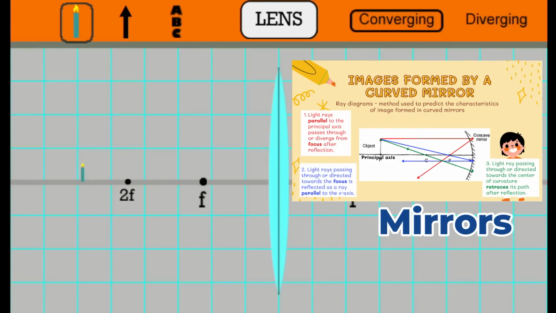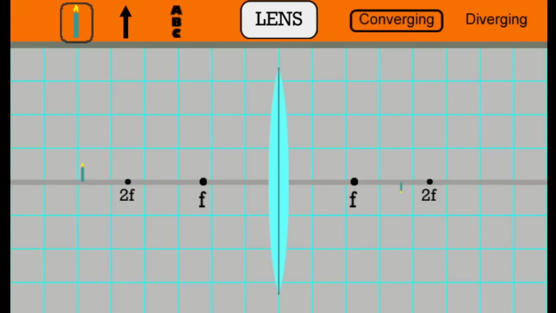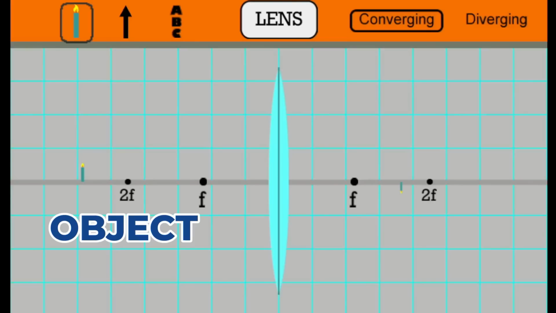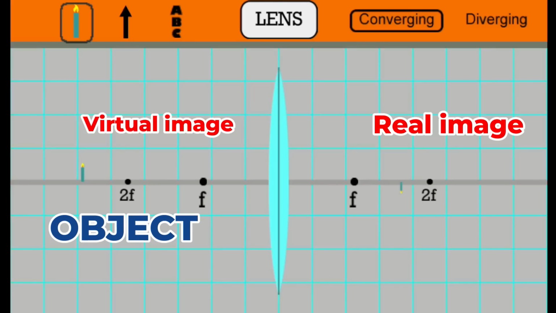Alright? And also, you will notice that there are a lot of times when the image formed will be on the other side of the lens. So, tatandaan po natin pag ang ating object ay nasa left at ang image ay na-form sa right, that image is a real image. On the other hand, if the image is formed on the left side or on the same side as your object, then that image will be a virtual image.